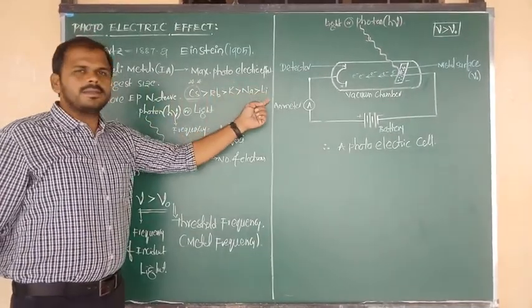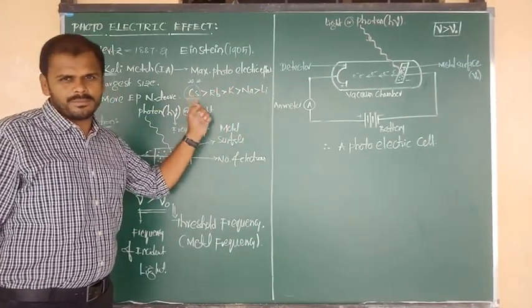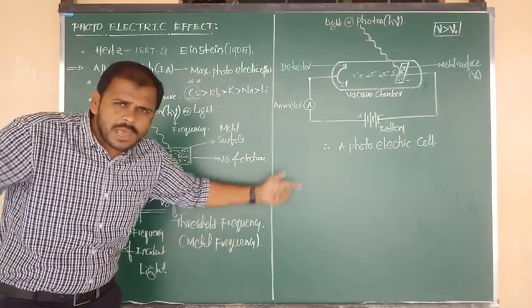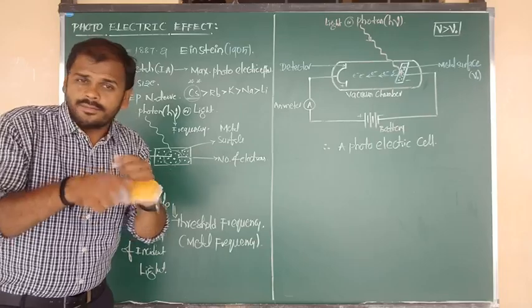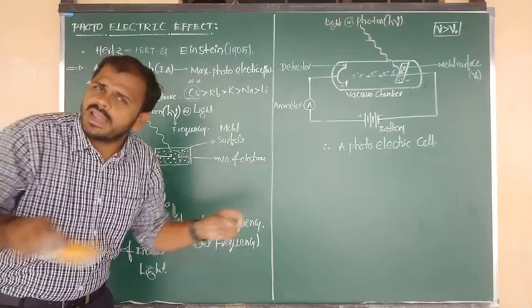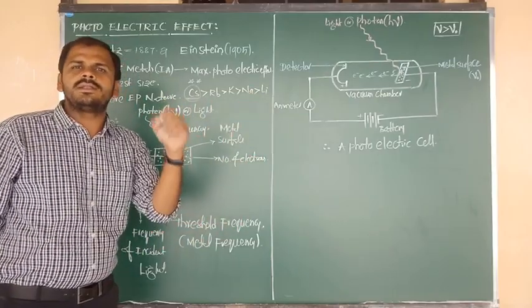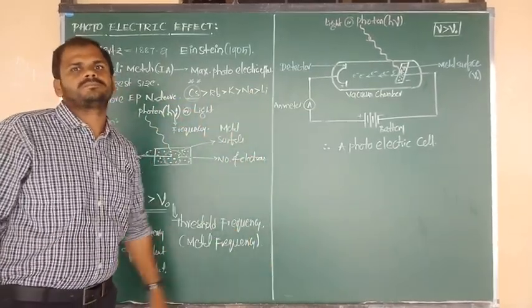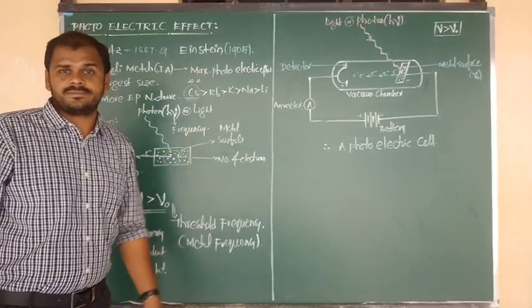The metal may be lithium or sodium or potassium or rubidium or cesium. All these types of metals do not have the same types of attractive forces or the same arrangement. Definitely they have different types of attractive forces, I mean different types of lattice energies.